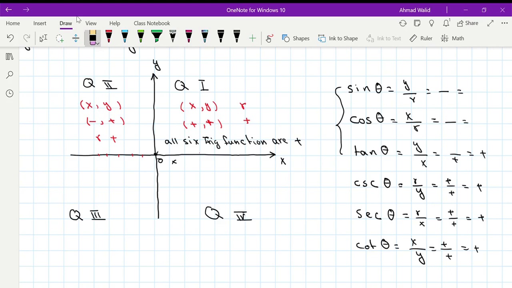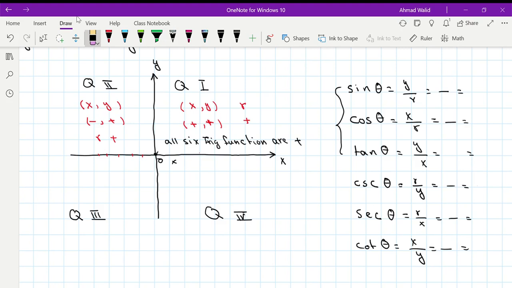Now, if I work again here on this side, I just erase these signs. I can talk about quadrant 2. I can find all the signs of these trig functions in quadrant 2. Once you do it by yourself, the way that I did, there is no need to memorize.